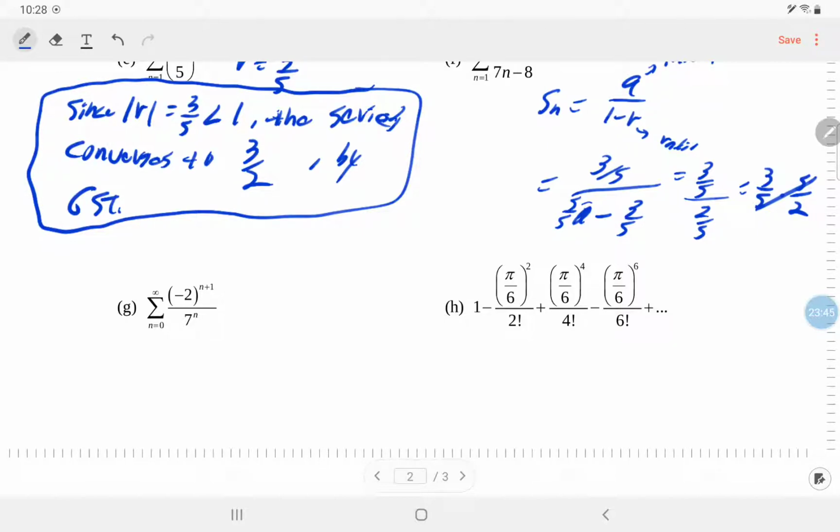Does this alternate? Yes. Is it also raised to an n or n plus 1 power? So although this is alternating, I'm going to treat it as a geometric series. And what's my ratio? What's being raised to the n, or the n plus 1 or the n plus 2?